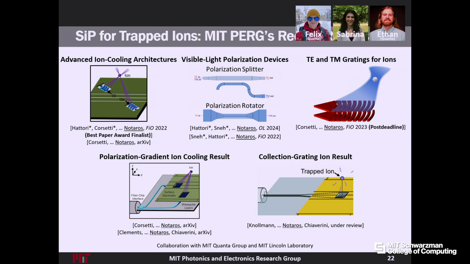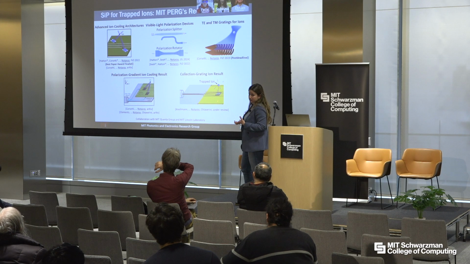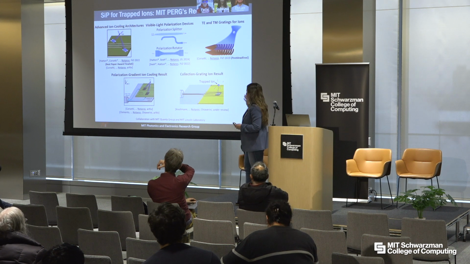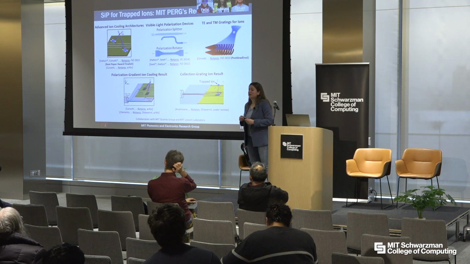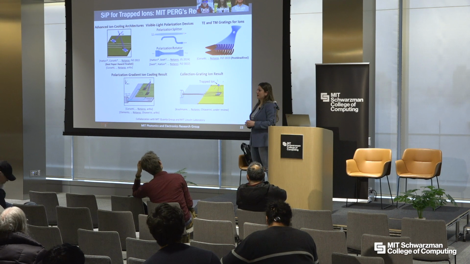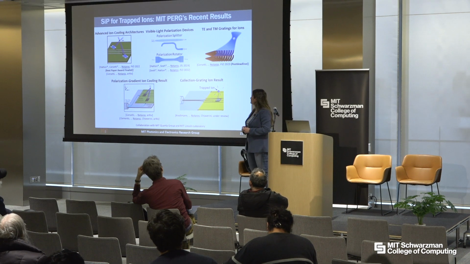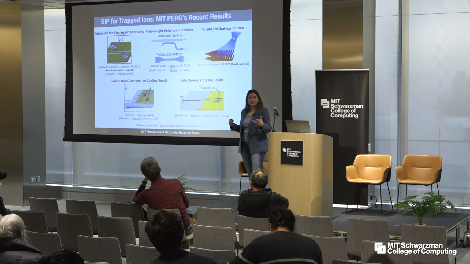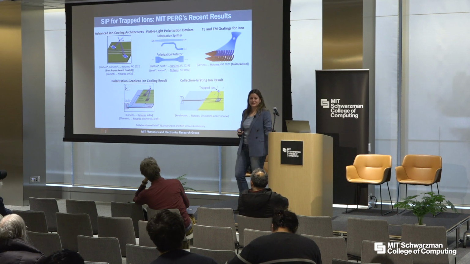It's emitting a photon out. You need to be able to collect that photon with some integrated device and then bring it to a detector to be able to understand what the state of that ion is. So here, again, in collaboration with the Quanta group, we showed the first integrated collection gratings for ions. I hope this gives you a flavor for where we can go with this field in general.